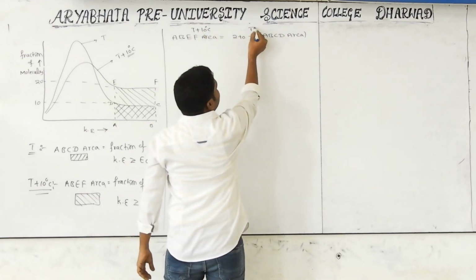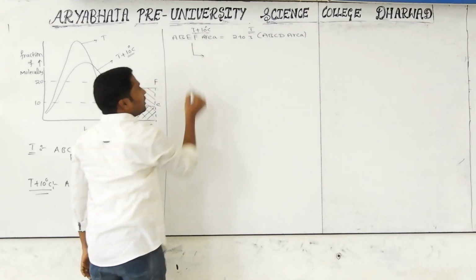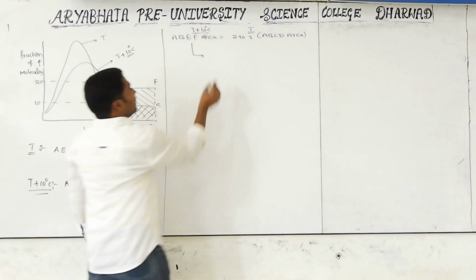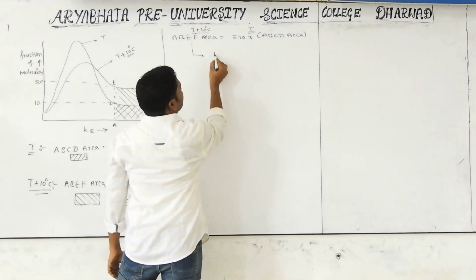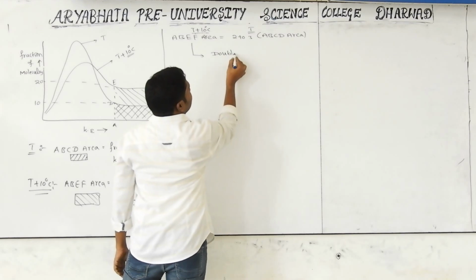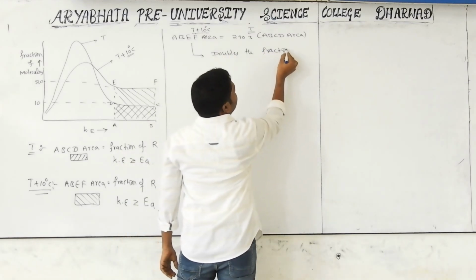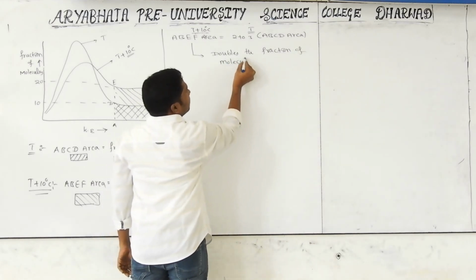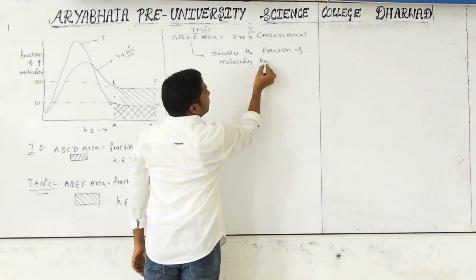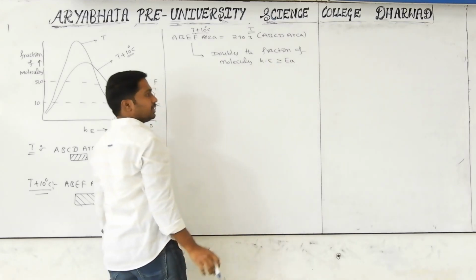This is the information at temperature T. So in the ABEF area, what is happening? The fraction of molecules doubles, at minimum, as we are discussing: it doubles the fraction of molecules having kinetic energy greater than or equal to activation energy.